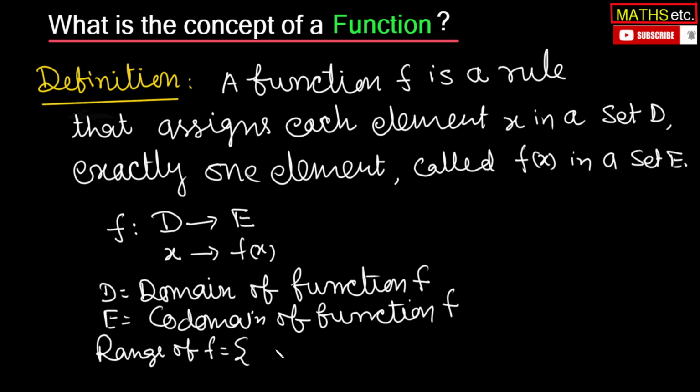The range of function f is all elements f(x) belonging to set E such that x belongs to domain D. At times we denote the value of function at x, f(x), by another variable y, and we read it as the value of function at x is equal to y. Here x is the independent variable, y we call the dependent variable, f is the notation for function, and we can interchangeably use y for f(x) and f(x) for y.